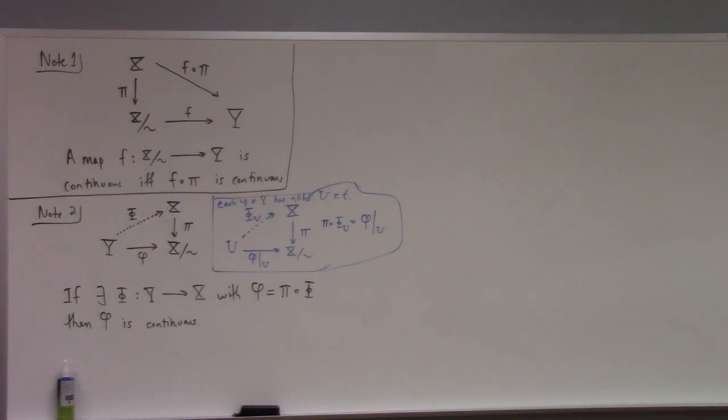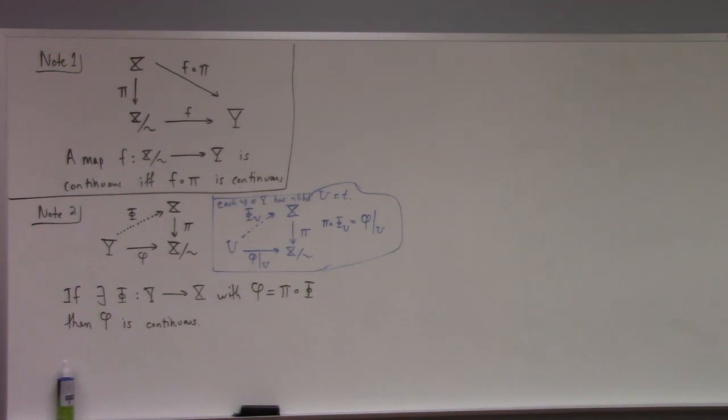Can we prove note 2? What do you guys think? What's the claim? If there exists big phi such that little phi is pi composed with big phi, then little phi is continuous.